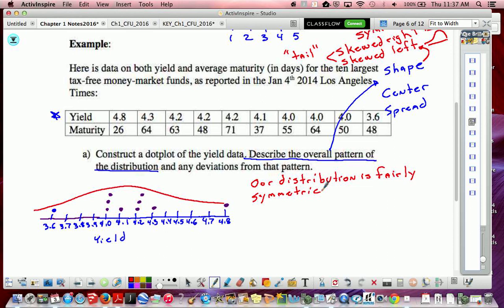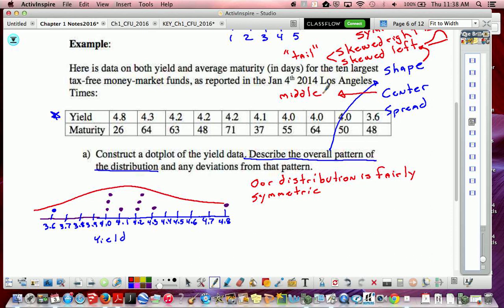Now with the center, lots of times right now we'll just talk about where the middle is located. Where is the middle data point, roughly? We'll get more technical tomorrow. Where would you say it's located? Okay, 4.2, are you okay with that?